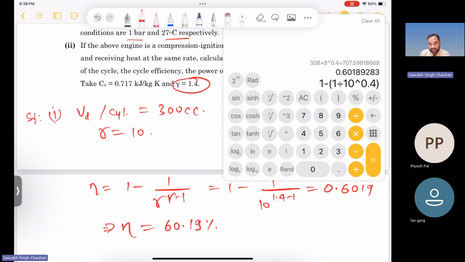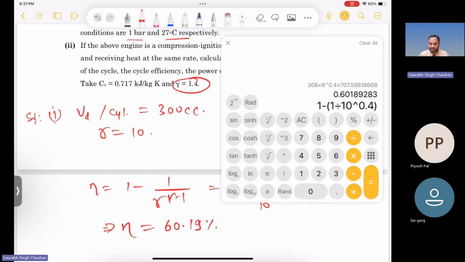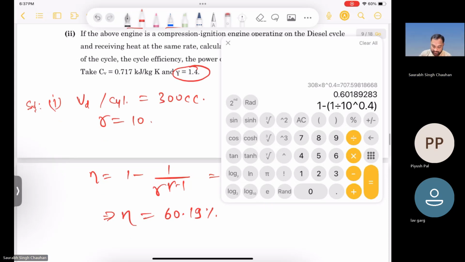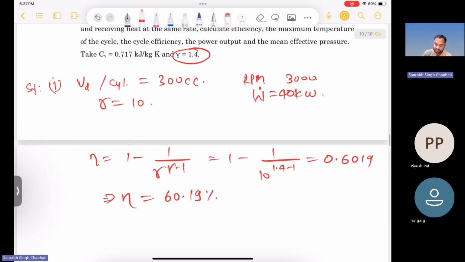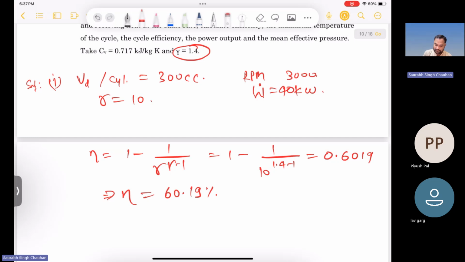In reality, the efficiency will be in the range of 30%, 40%, because you are using the Otto cycle assumption, and that is an ideal cycle. In ideal cases, you get very high values of efficiency. So we got the efficiency.